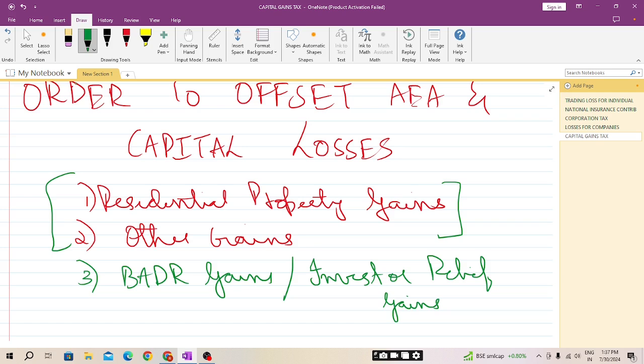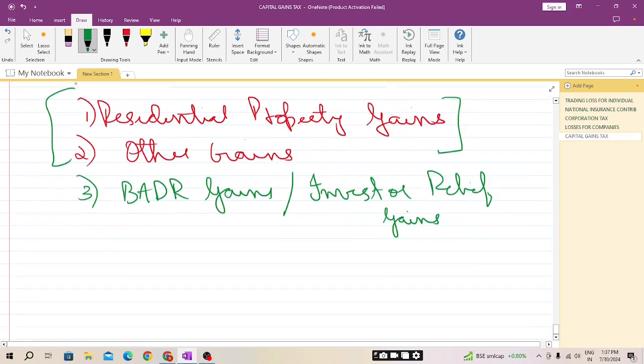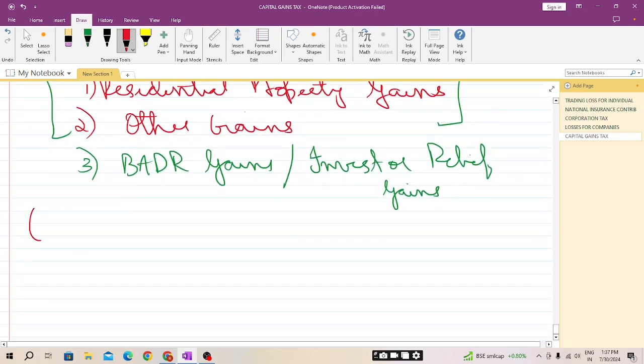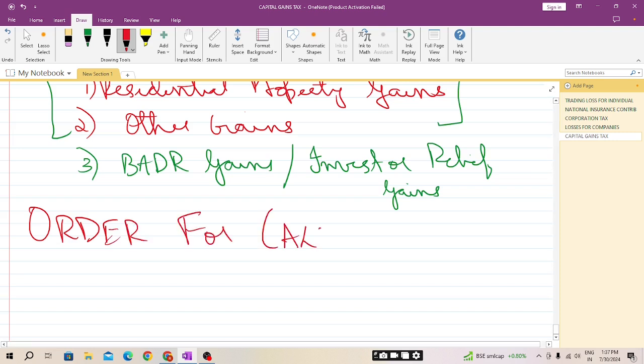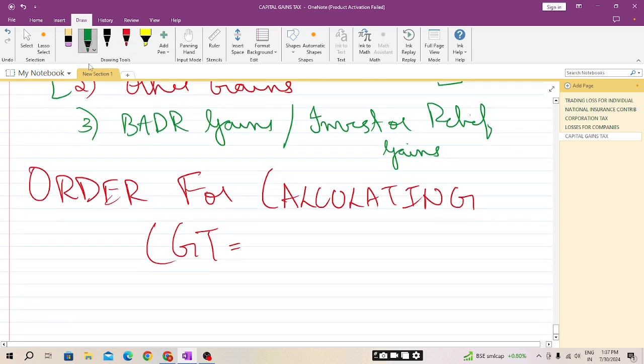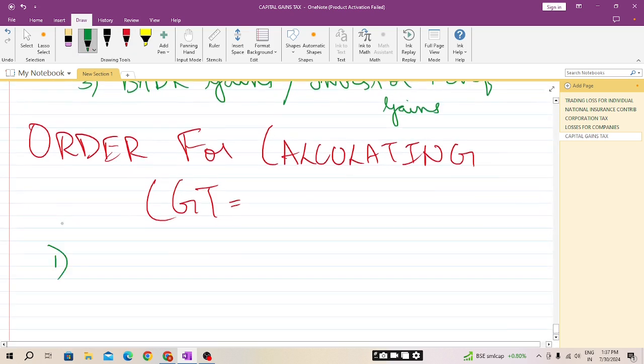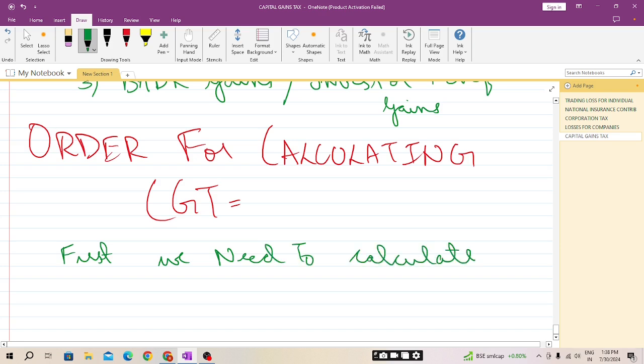So students, the order for calculating the tax, now we'll be seeing the order for calculating CGT. So students, here also the first step is that we need to calculate the income tax.